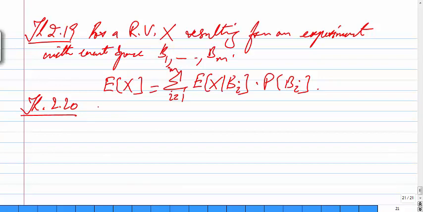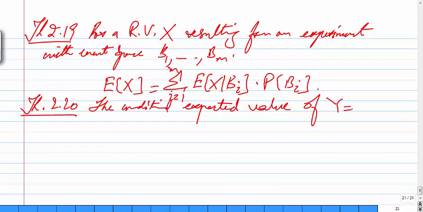Theorem 2.20 says that the conditional expected value of Y, which is equal to g of X, given the condition B, is the following.